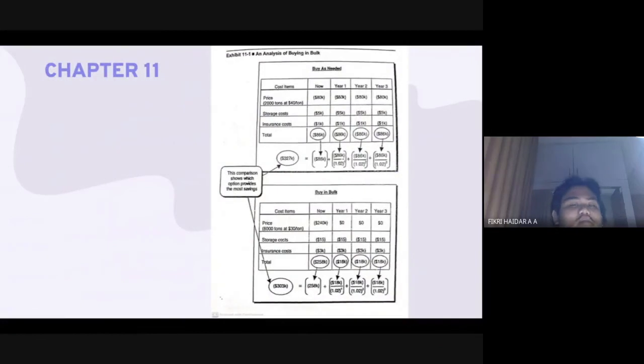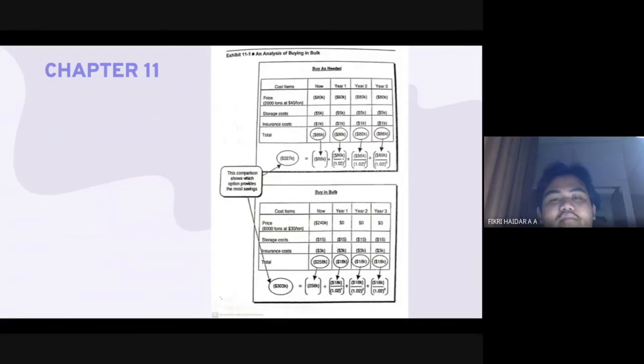This exhibit shows a comparison between two different transactions that differ in the unit cost of a 1-year purchase versus a 4-year supply. The top one is the buy as needed graph, and the bottom one is the buy in bulk table.